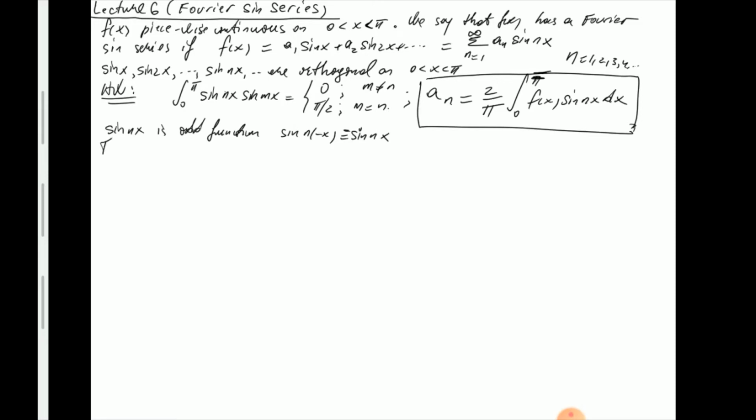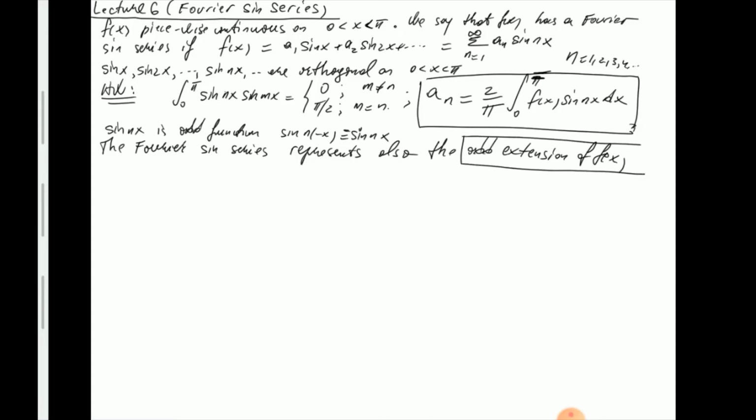That means the Fourier sine series also represents the so-called odd extension of the function itself. So the starting function over the interval 0 to pi can be extended to an odd function on the interval minus pi to pi, and then you can extend that to a periodic function of period 2 pi. So basically you get what is called the periodic odd extension, as opposed to the periodic even extension.